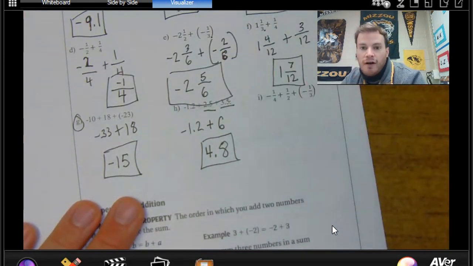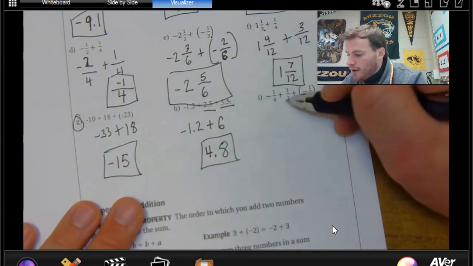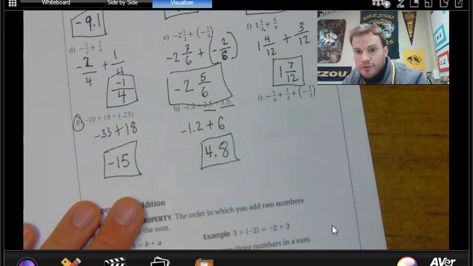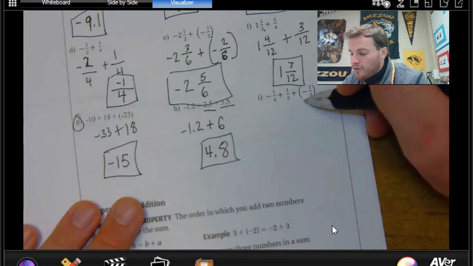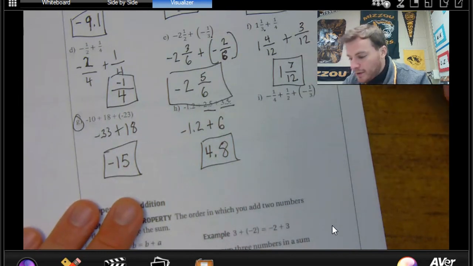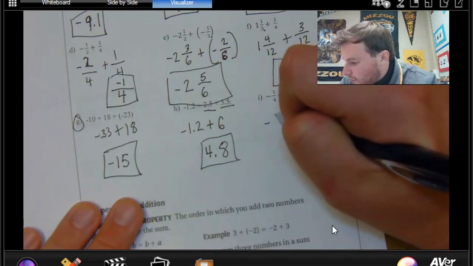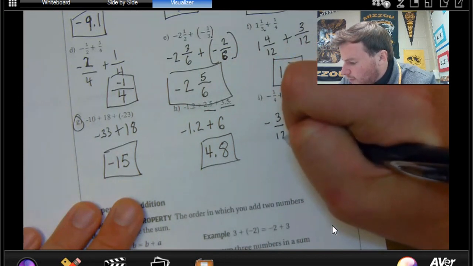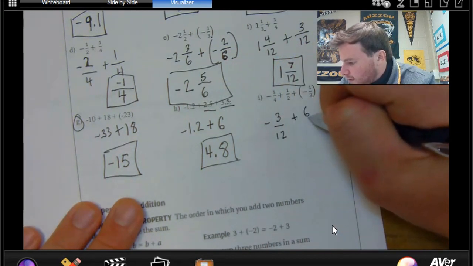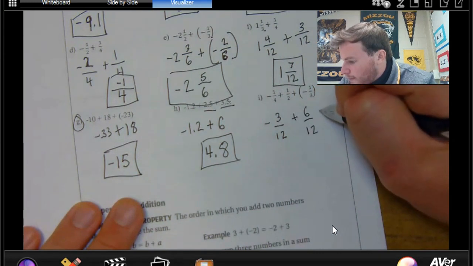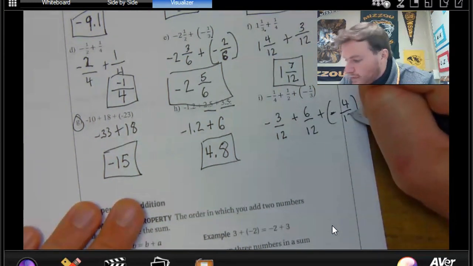All right, the smallest common denominator between 4, 2, and 3 is 12. Okay, all these numbers can go into 12 evenly. So this is negative 3/12 plus 6/12 plus a negative 4/12.